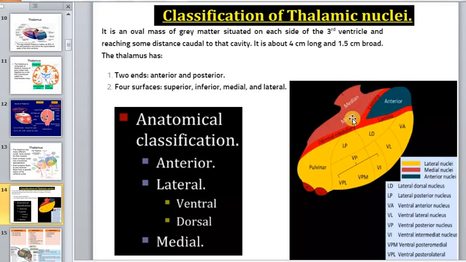And here we see a different color, not white laminas but red colored laminas, which divide all this gray mass into areas and nuclei. So in the anatomical classification, we have different nuclei: in the anterior part of the thalamus the anterior nucleus, then lateral, ventral, dorsal nuclei, and medial.